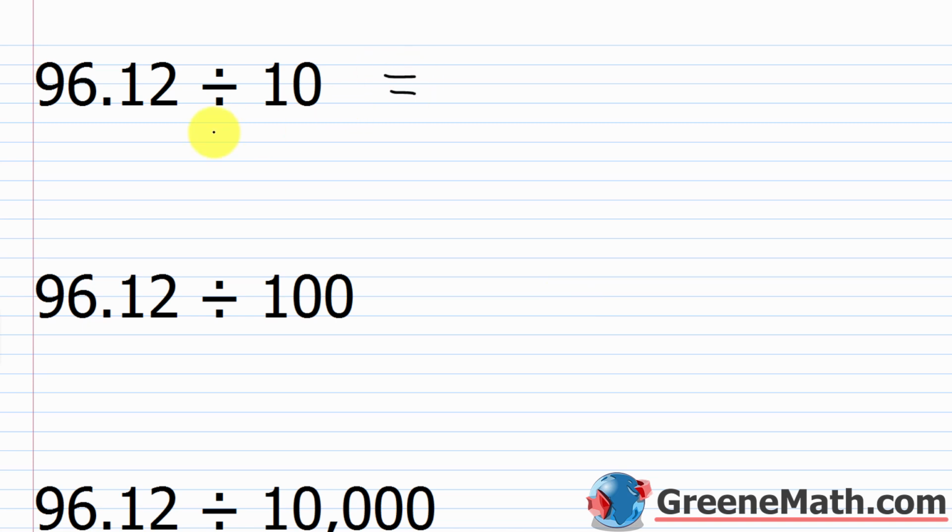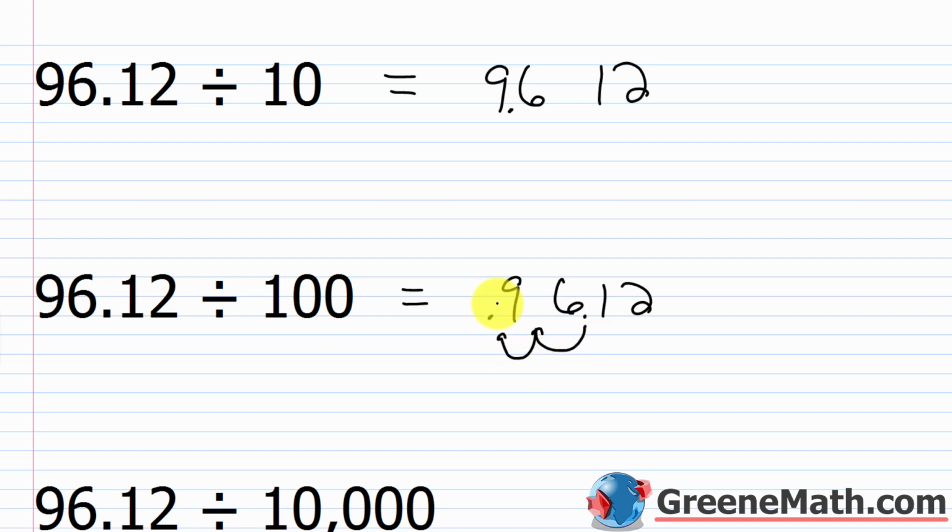So if I have 96.12 divided by 10, the shortcut is just to say, okay, I have 1 zero, going to the left by 1. That would be 9.612. If I have 96.12 divided by 100, I have 2 zeros, so I'm going to go 1, 2 places to the left, so I'd have 0.9612.